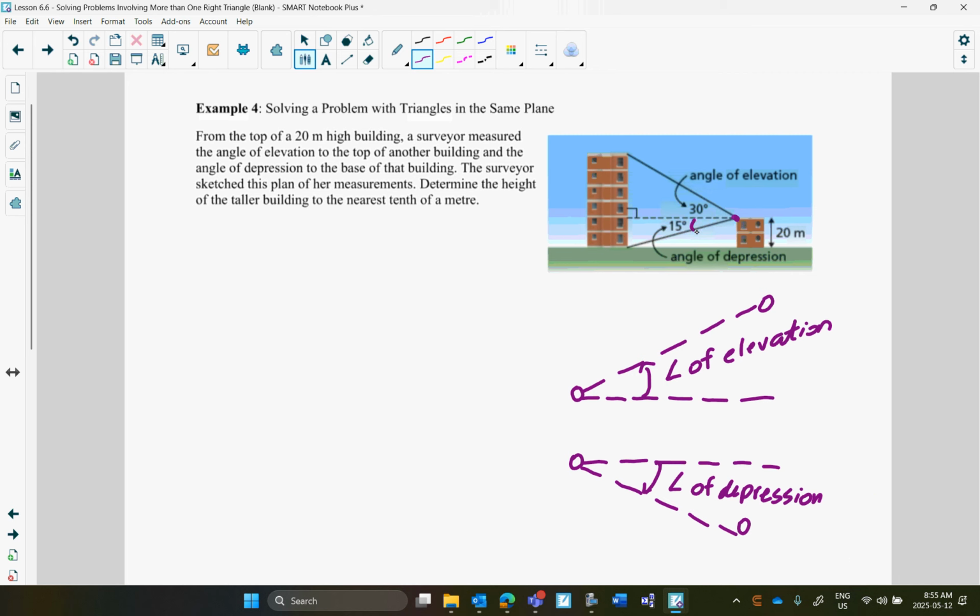And if they look up to the top of the building, the angle of elevation is 30 degrees. Given that information, I have to figure out the height of the taller building. So I'm going to call this H. That's the ultimate goal.